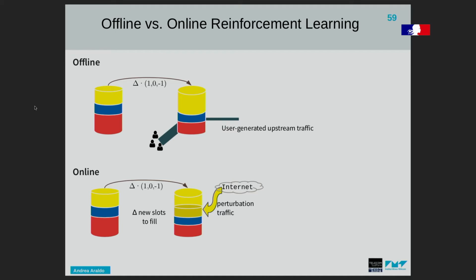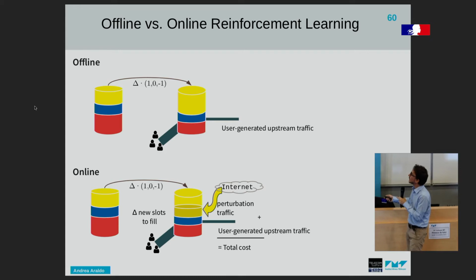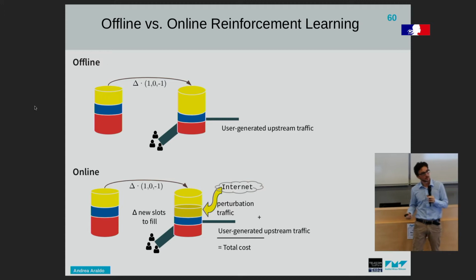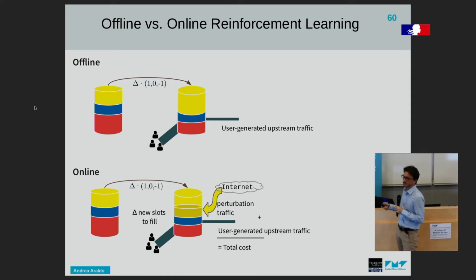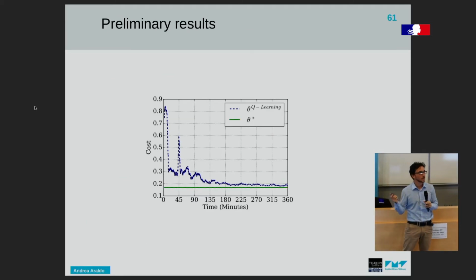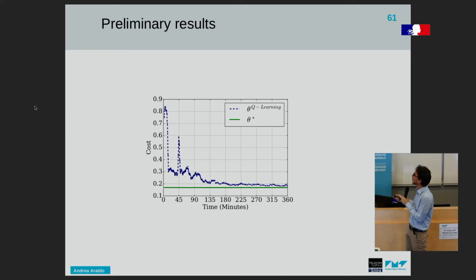So it has to produce spurious traffic that sums up to the user traffic. So we have, let's say, additional costs that we have to pay in order to learn how to optimize the system. So we need to be more parsimonious with respect to classic offline reinforcement learning. Despite these difficulties, preliminary results show that we approach in a reasonable amount of time the theoretical optimal allocation.